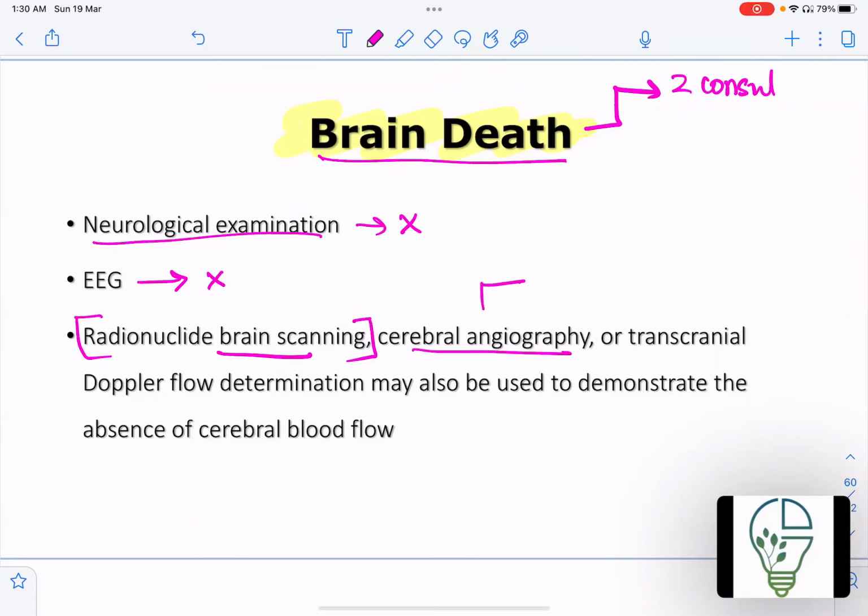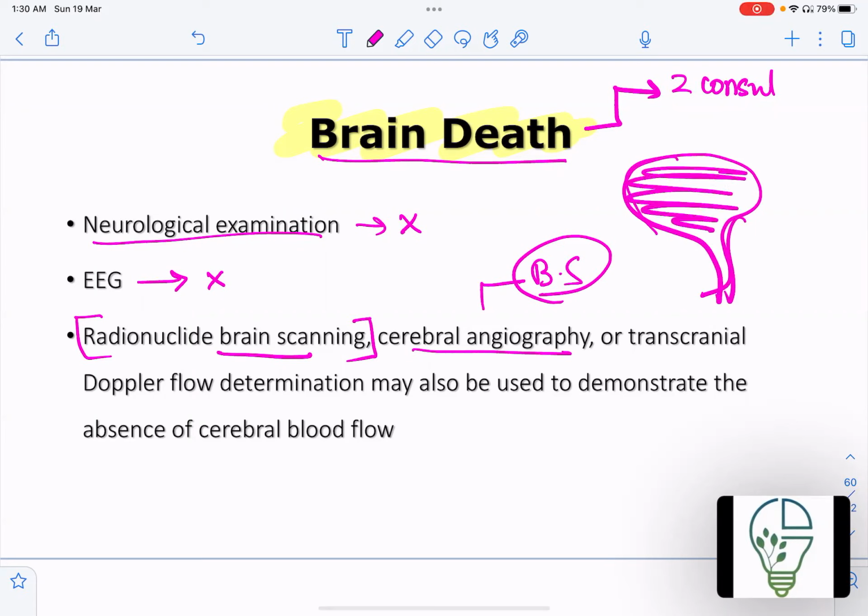What is that? We basically check the blood supply, and usually it is a dark shadow. There's nothing in the brain, just a dark shadow, and there is no brain supply. We also do a Doppler flow to see if there's anything else, just to confirm.